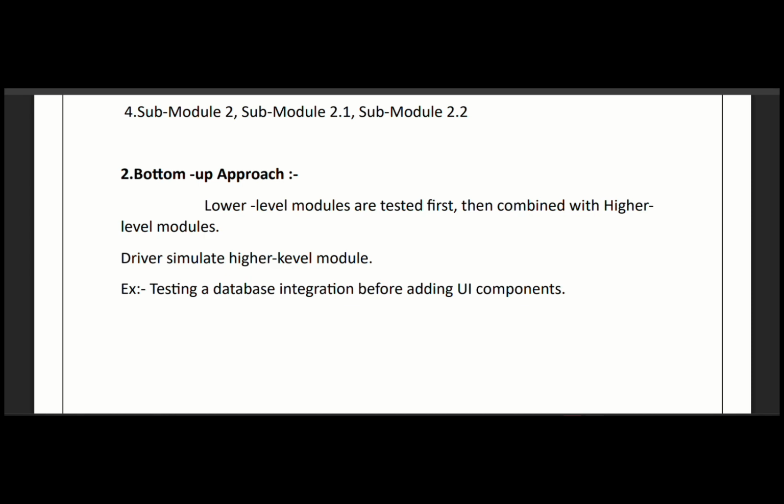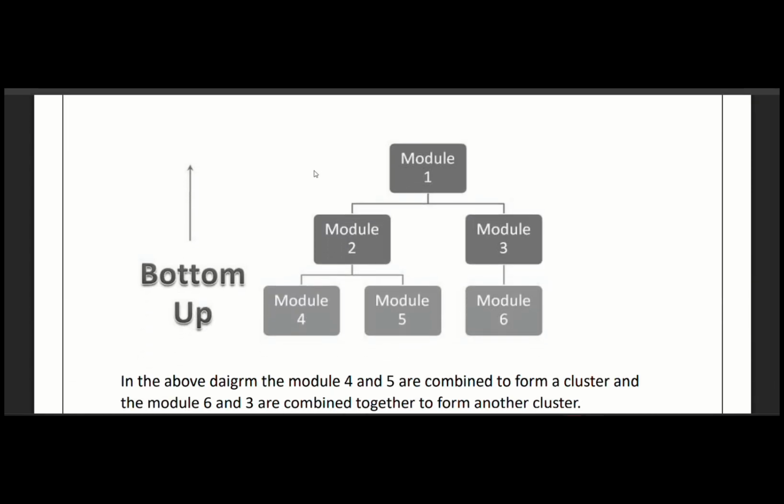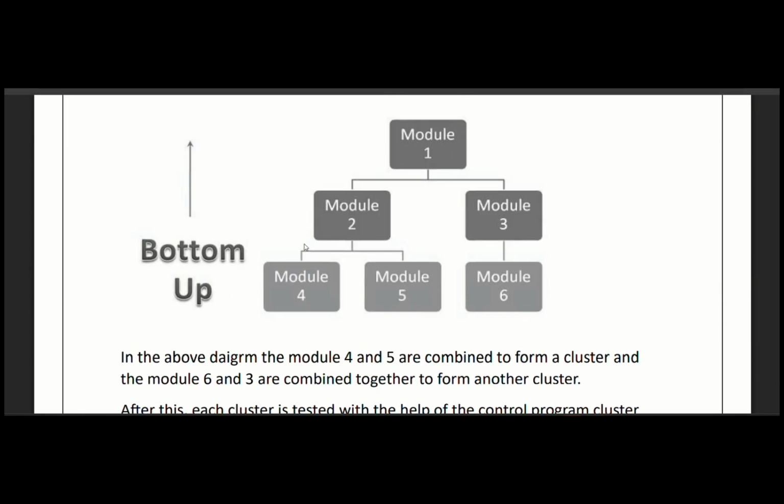In the bottom-up approach, you begin by testing the lower level modules, then you move your way up to the higher level parts. For example, we have a diagram over here with different modules: module 1, module 2, module 3, 4, 5 and 6.